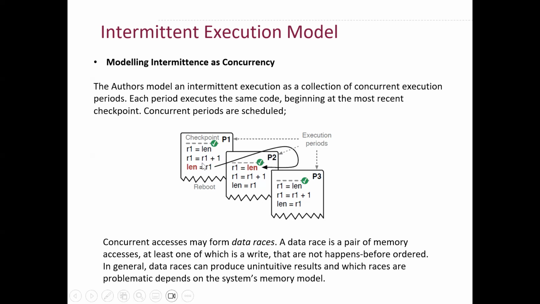Now, this causes what we call a data race with P2's read of length. So concurrent accesses may form data races. A data race is a pair of memory accesses, at least one of which is a write, that are not happens-before ordered. So it's like you try to read from length before writing anything to length. And this is something which can happen in this case.